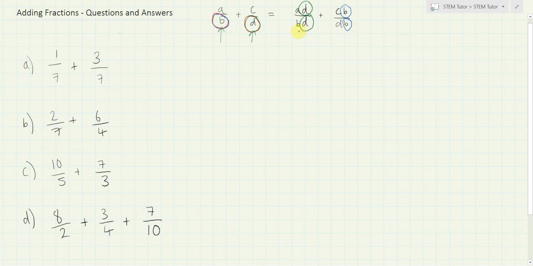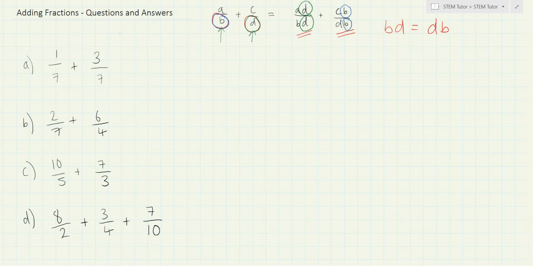And then you've got a case where the denominator, in this case bd, is the same in both fractions. So I know we've got bd and db, but bd equals db. It's the same because they're just multiplied.